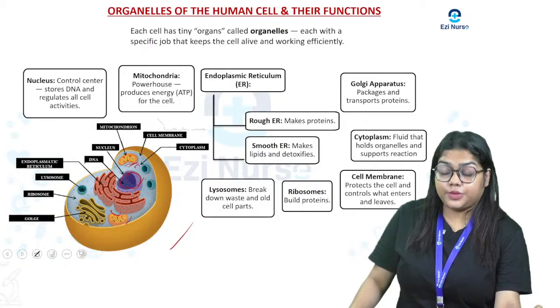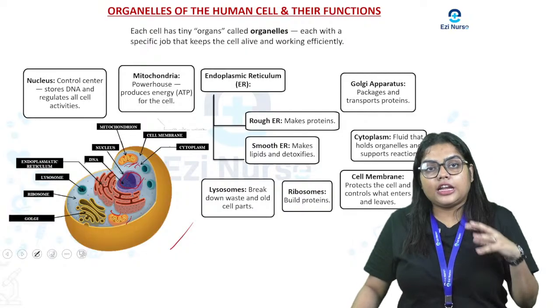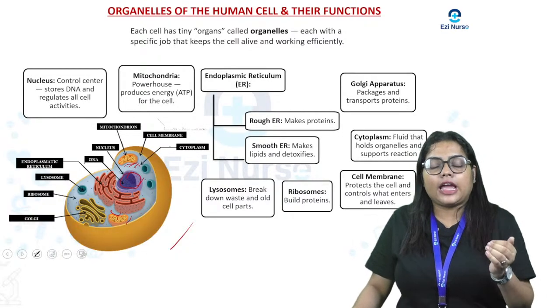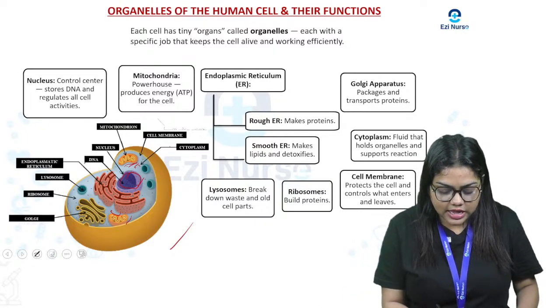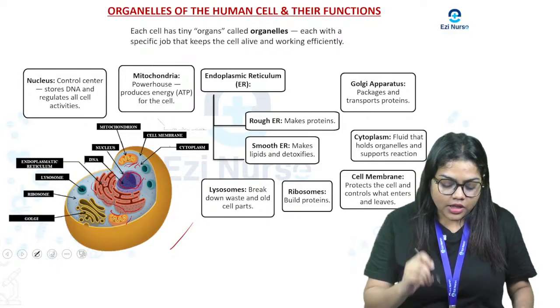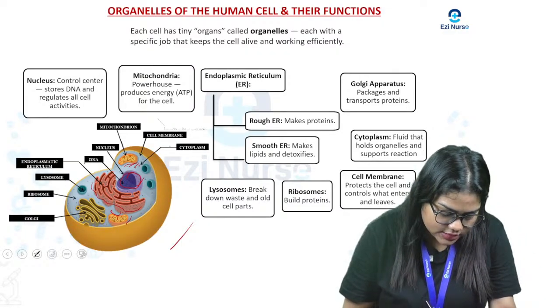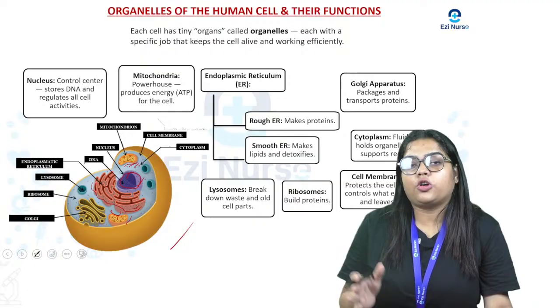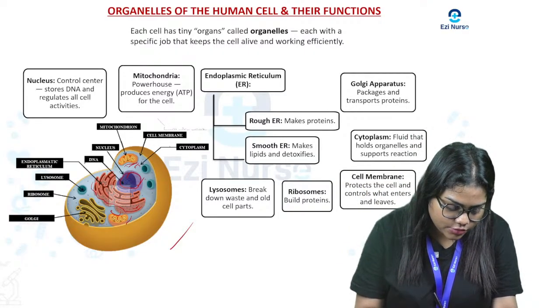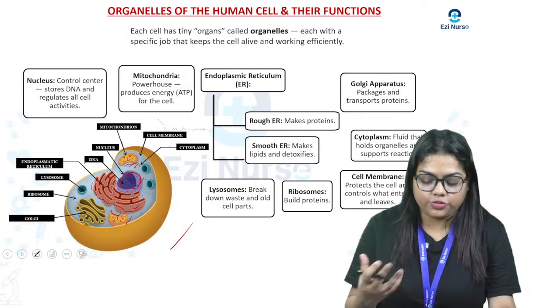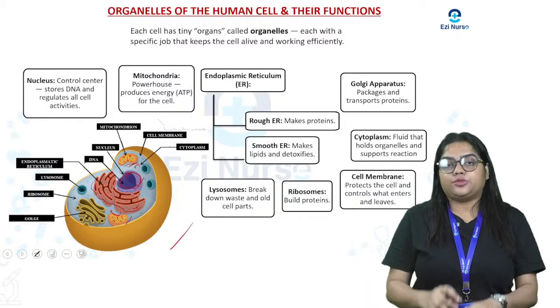Next is endoplasmic reticulum. An endoplasmic reticulum actually has two types. Here you can see the endoplasmic reticulum. If you look closely, this is the rough side, so we call it rough endoplasmic reticulum, and in between we have a smooth side as well, which we call smooth endoplasmic reticulum.